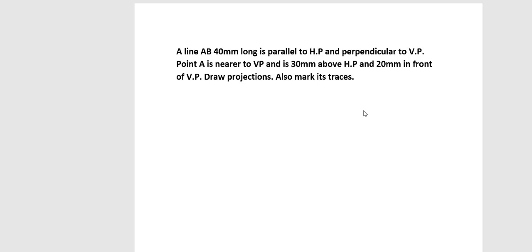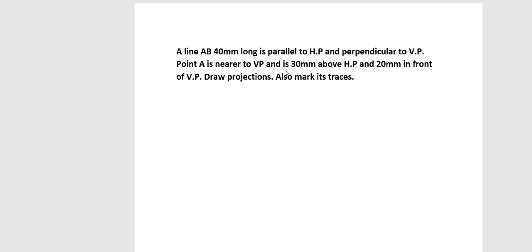So immediately what we have here is a line. We have been given its true length, that is 40 millimeter. We have been told that it is parallel to HP and is perpendicular to VP. So obviously what trace are you going to get? You are going to get the vertical trace because it is going to intersect the vertical plane.